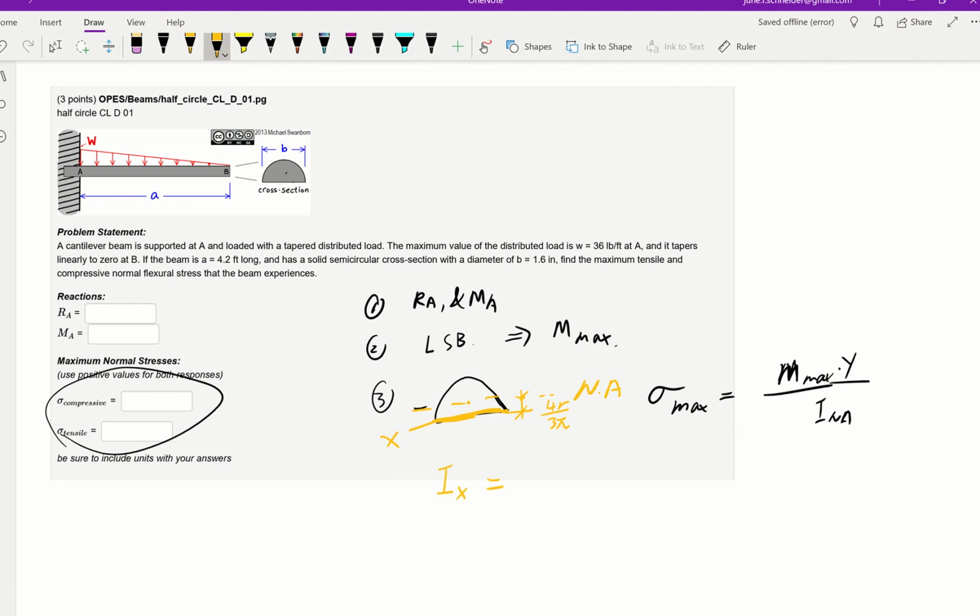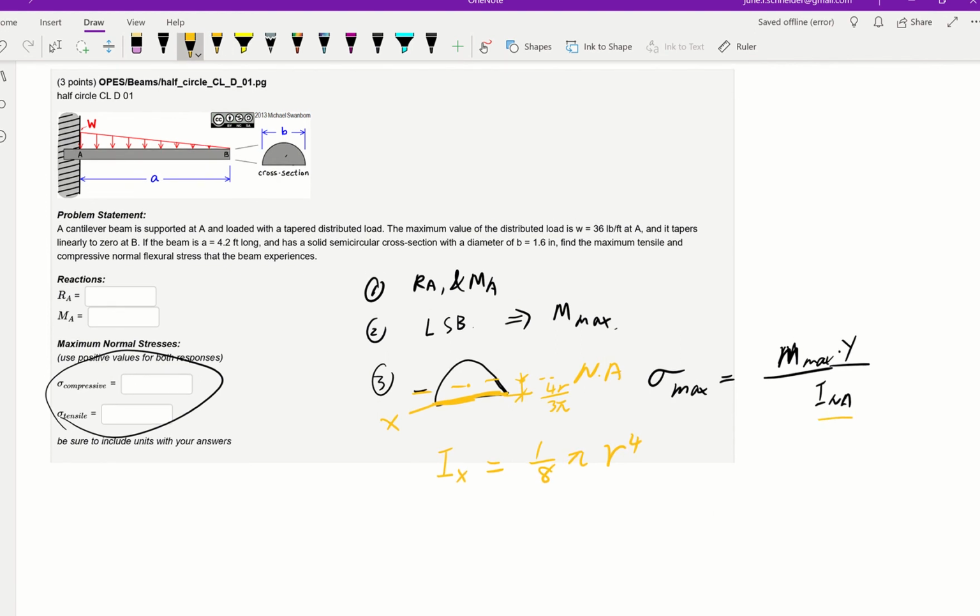For a semicircle, it is 1/8 pi R to the 4th. So knowing that, we really need to figure out the neutral axis moment of inertia. I think we've done that one time before. We're going to use the parallel axis theorem, right?